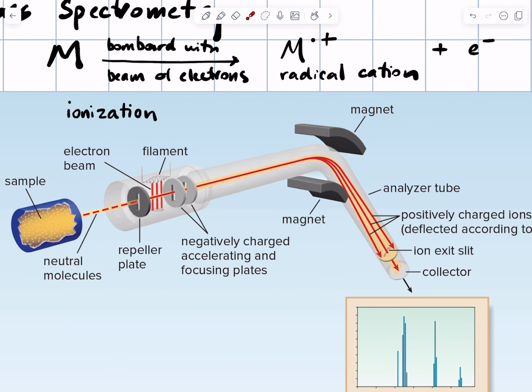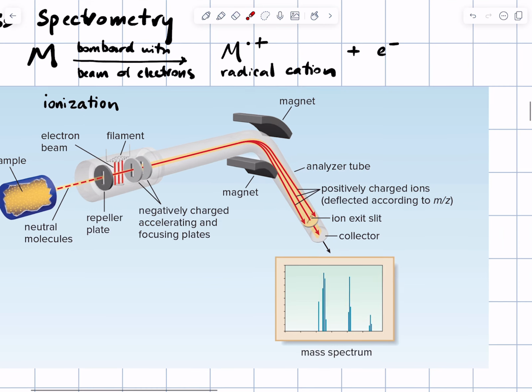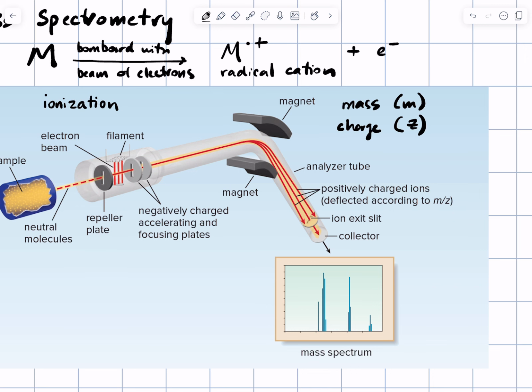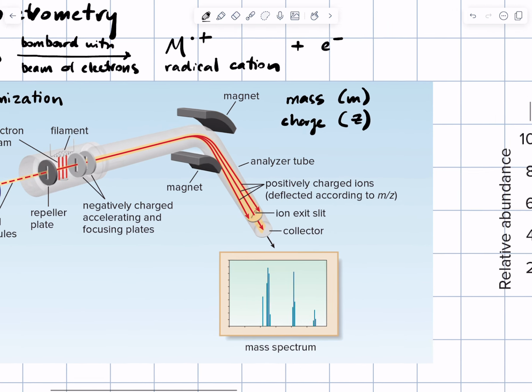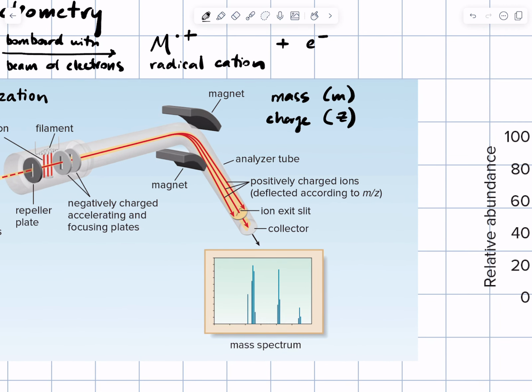And so the path of the charged particle changes in the magnetic field based on two things: the mass of the charged particle and the charge, which is going to be called Z. And the thing that the mass spec experiment measures is the ratio between M and Z, the M over Z ratio. That's the mass to charge ratio.